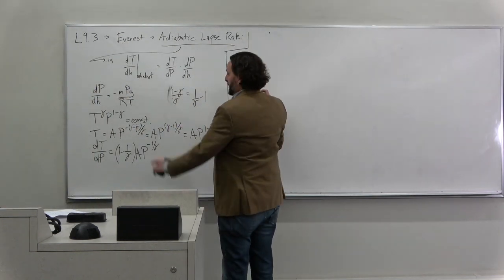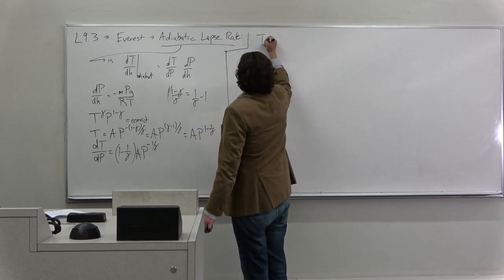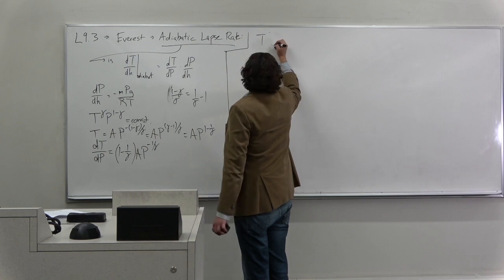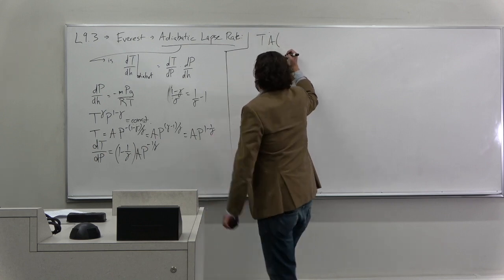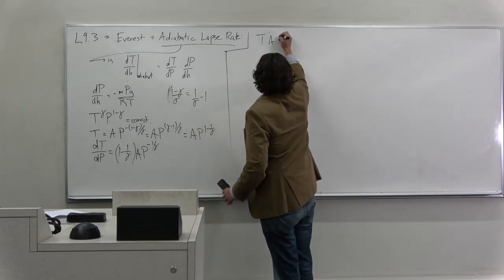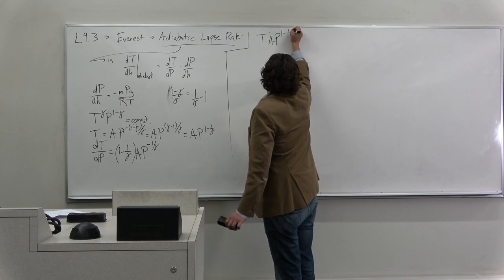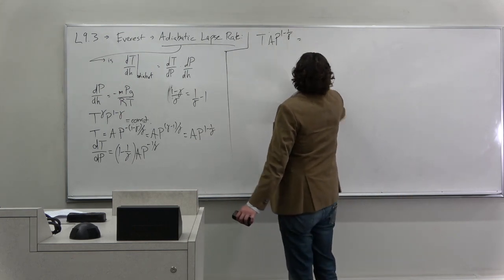What I mean is take T, A, P to the 1 minus 1 over gamma, and rewrite that.